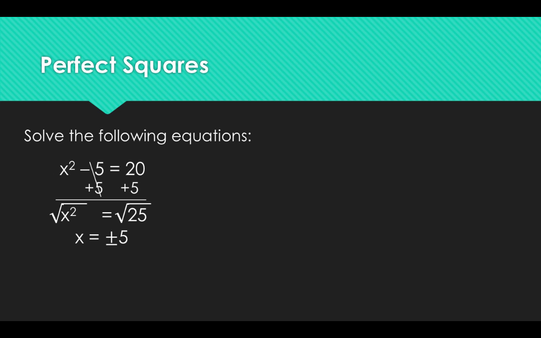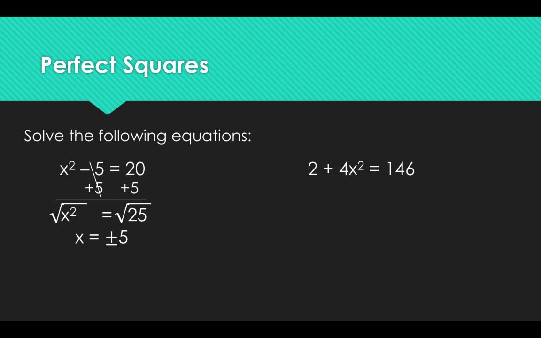So we can always double check this. If we plug 5 in for x right on the last line there, 5 squared is equal to 25. If we plug in negative 5, then negative 5 squared is also 25. So both those answers are options. So we need to make sure we give every possible option to make this statement true.